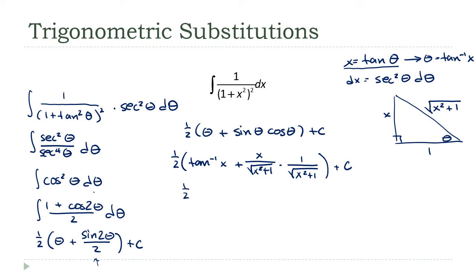This is 1/2 inverse tangent of x plus x over, you multiply those square roots together and it's just x squared plus 1, but I'm going to bring that 2 in here, so 2 times (x squared plus 1), plus a constant. And that's it. Right, there's our answer. There's our integral.